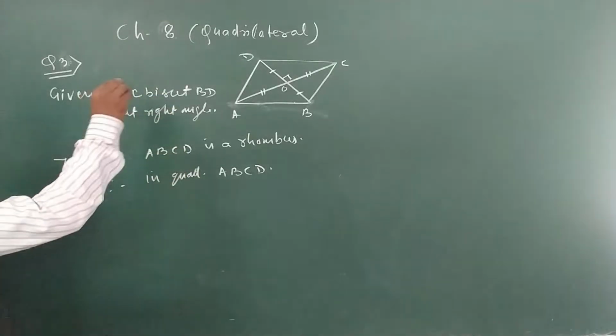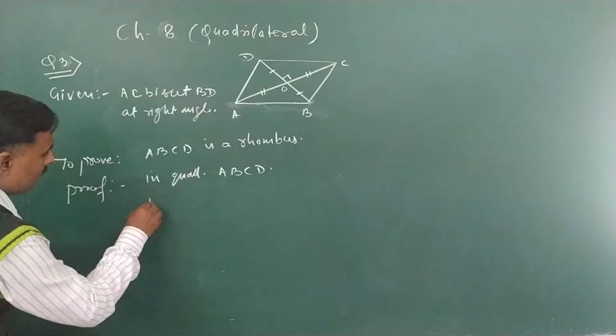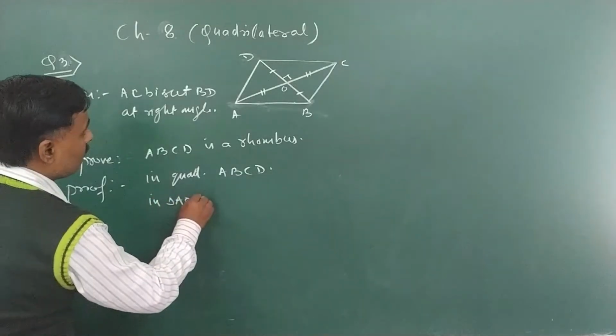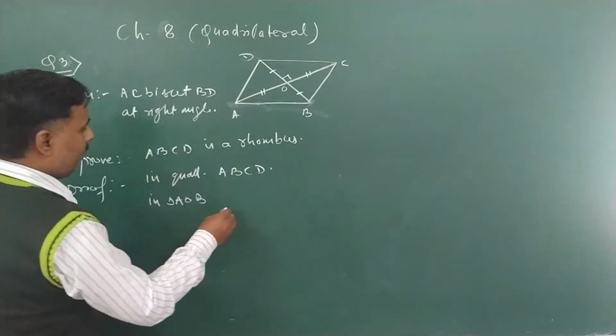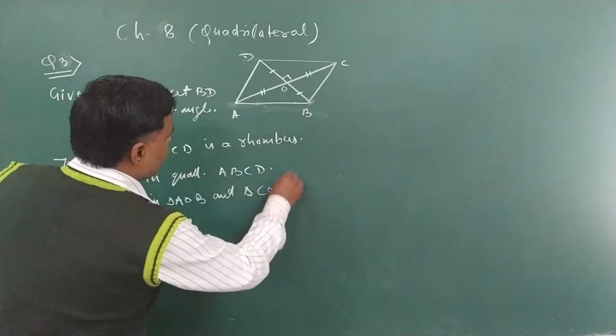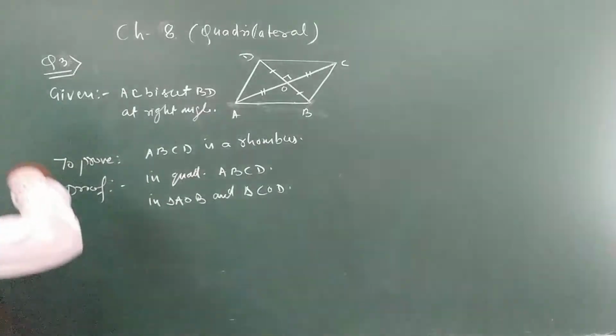So I am going to prove ABCD is a parallelogram. So I am taking two triangles, triangle AOB and triangle COD. If I am able to prove that these two triangles are congruent, we can prove that ABCD is a parallelogram. So how will you prove it?